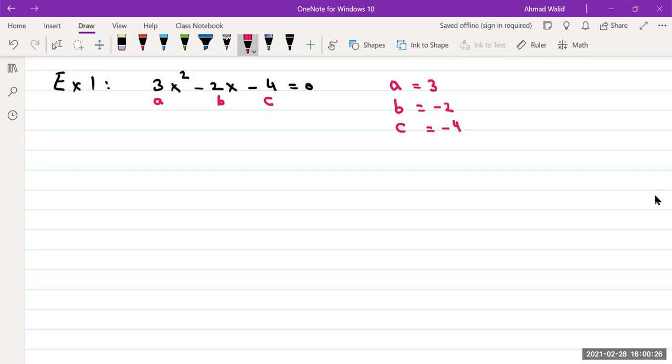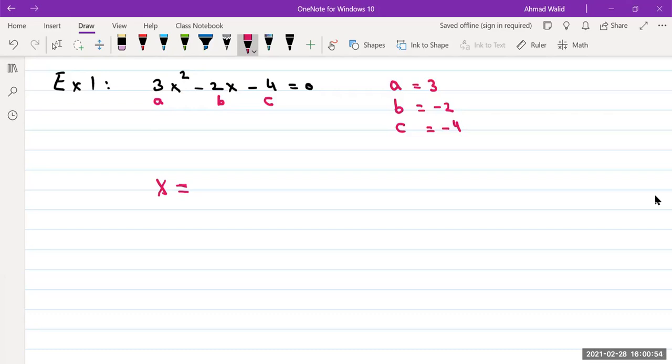Now, step 2, write down your formula. I recommend that for each problem, please write down the formula, because by writing the formula a few times, you can automatically memorize it. Don't try to read and memorize x equals negative b plus minus square root of b squared minus 4ac over 2a. Don't memorize it this way, by reading and reading.